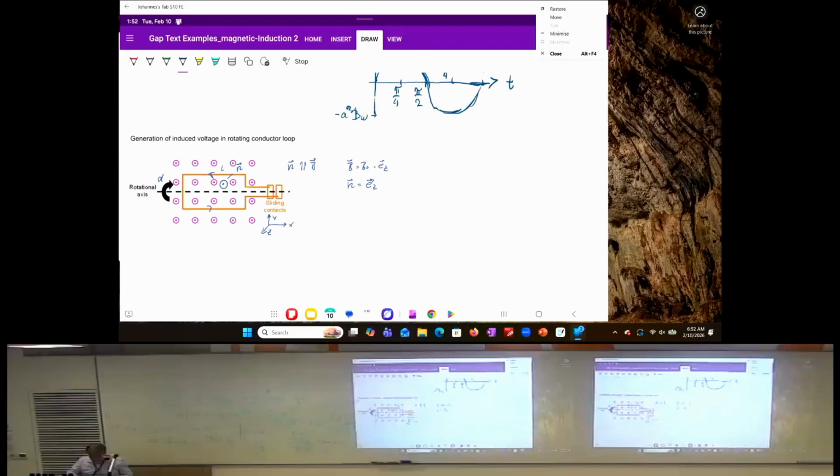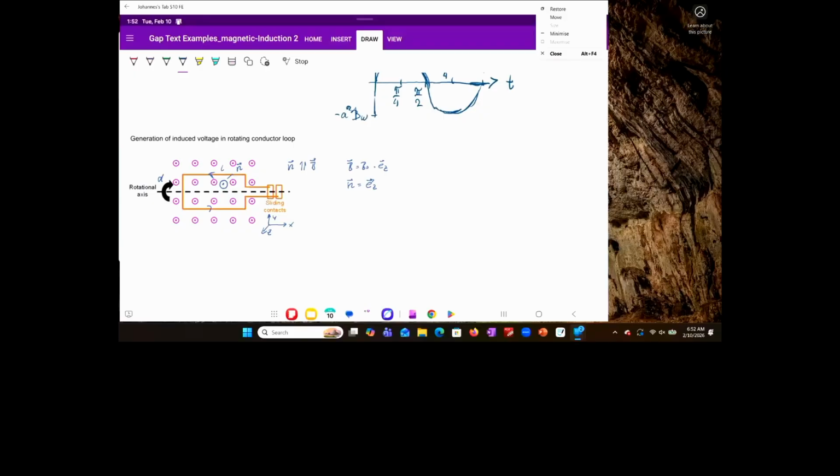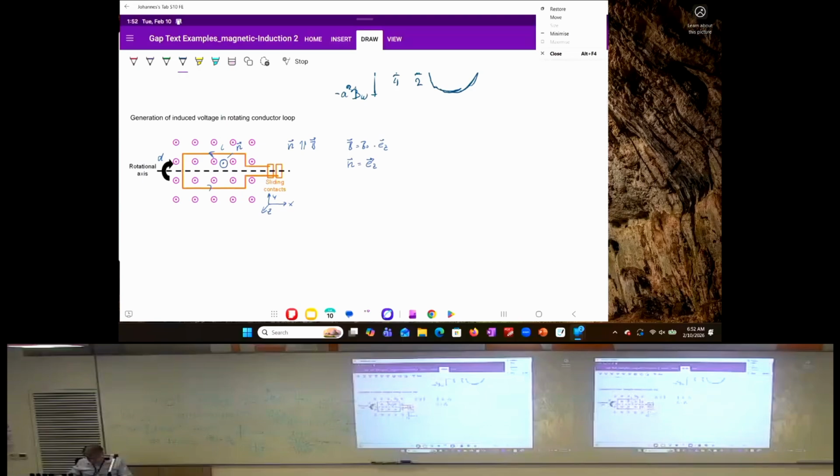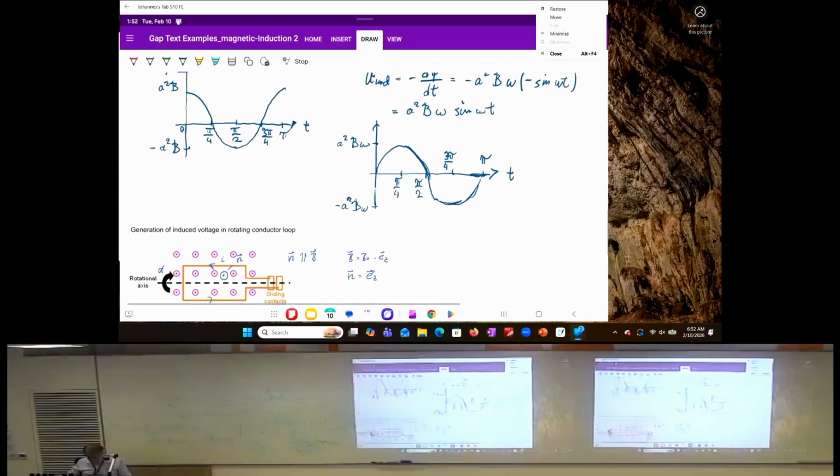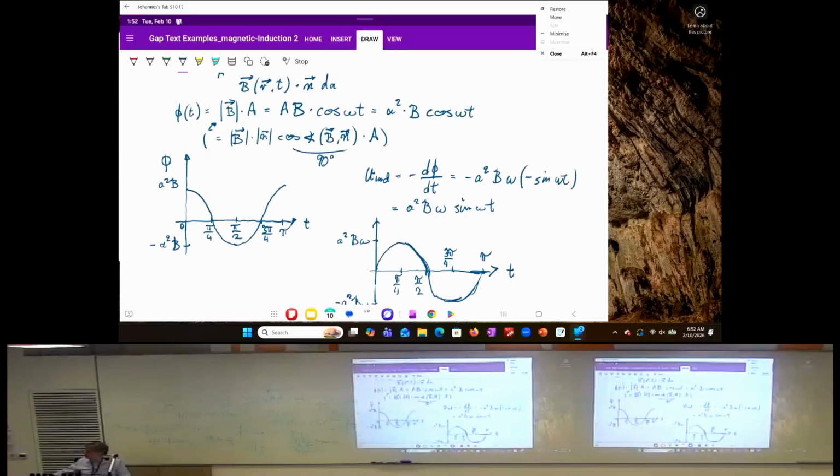Okay, let me get now to the tutorial part. The next problem would be that you actually have a rotation of the loop, and you have to consider that the alignment of the B field with the normal vector is changing.